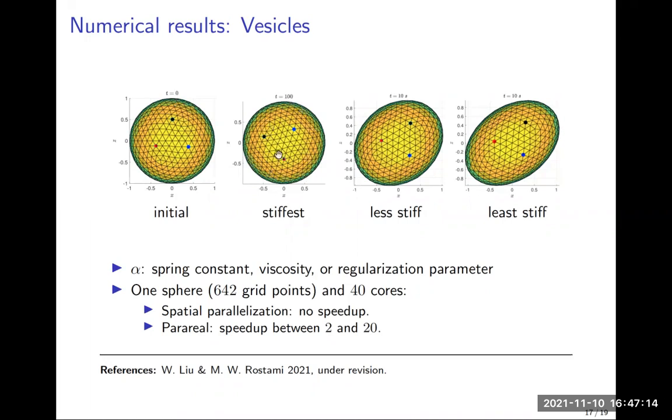The first picture is if I use the stiffest spring, as you can see, it just rotates and there's very little deformation. And as the spring becomes less stiff, it's stretching out to be almost an ellipsoid.